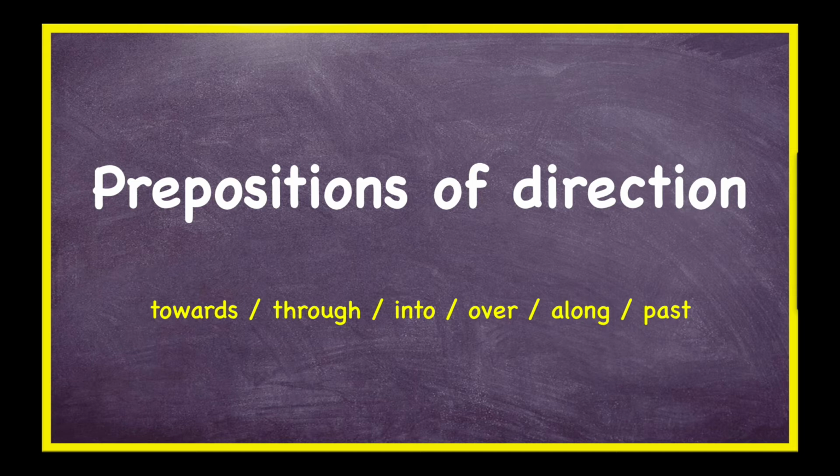Do you go into the room? Do you go over the hills? Do you go along the path? Or do you go past the building on the right? These are all prepositions of direction, and they're a little bit different to prepositions of place because they indicate movement, all right? Where you should move, where you should go, which direction.